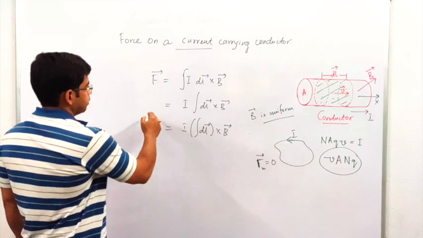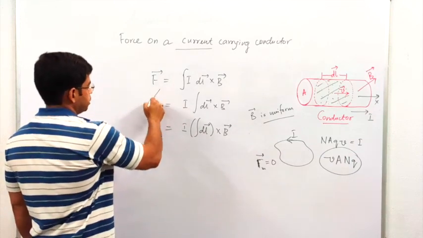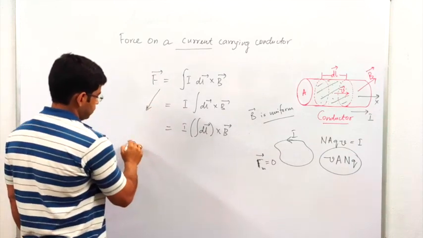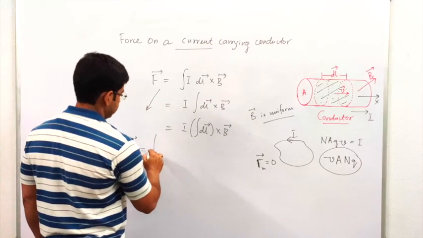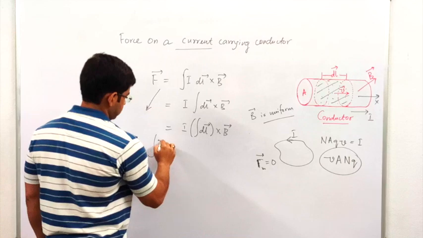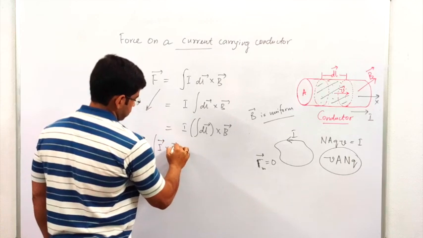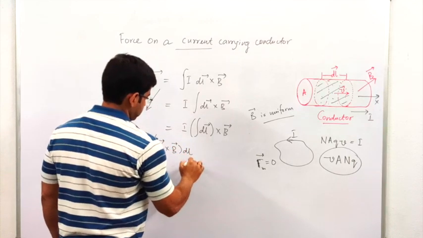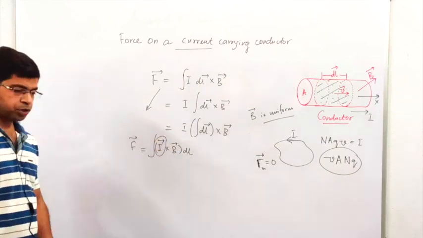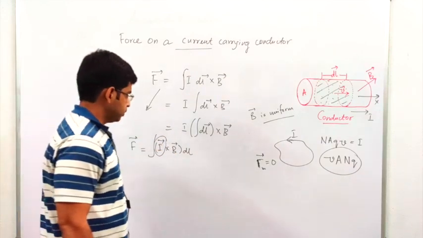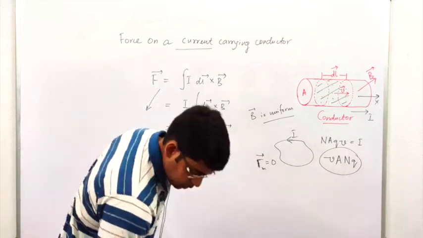Now this equation can also be written as, you see, I have used a vector notation on the current I. Actually, current is a vector quantity.